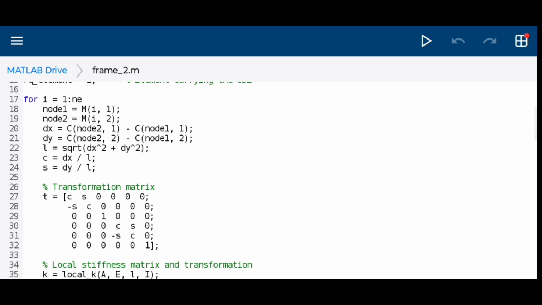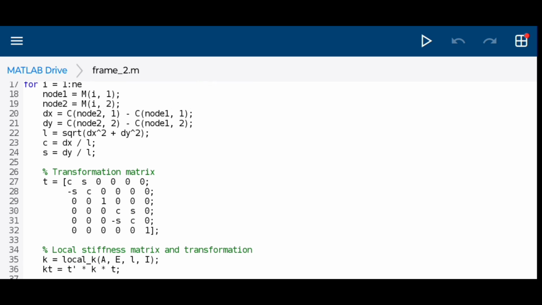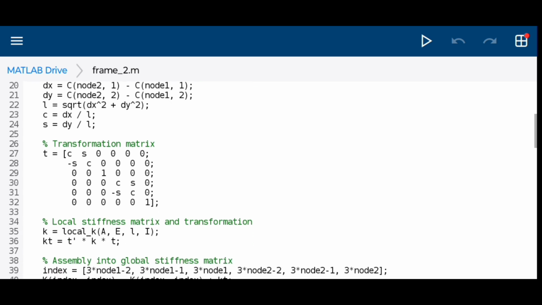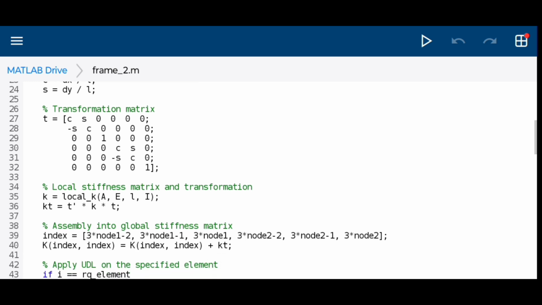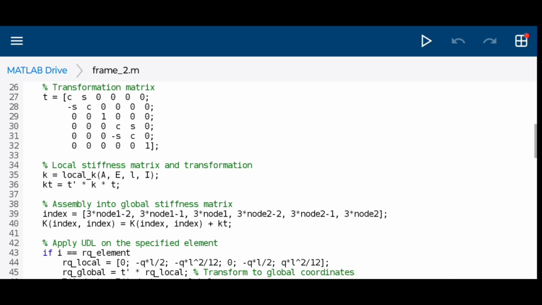After this we get the sine and cos values, for which I have used s and c. After getting these sine and cos values, we will make the transformation matrix, which for a horizontal member will eventually turn into an identity matrix. Then we get the local stiffness matrix.